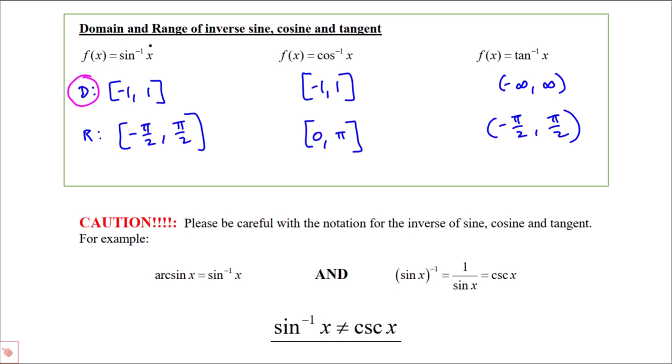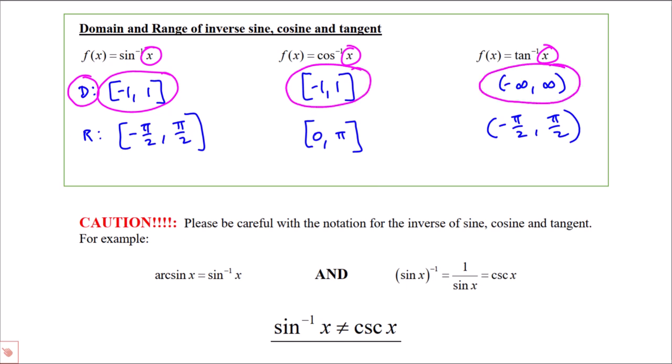since the inverse function takes a value, these are values, the value of sine can go from negative 1 to 1. The value of cosine can go from negative 1 to 1. The value for the tangent can go from negative infinity to positive infinity. The range are the angles, and for inverse sine, it's the first and fourth quadrants.